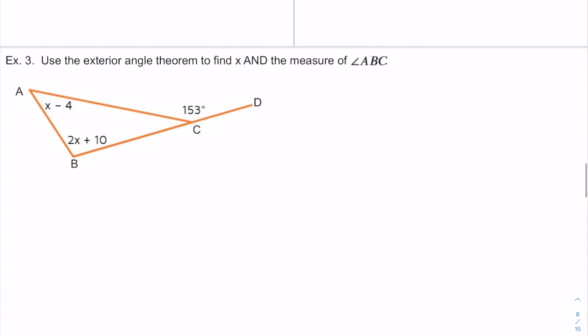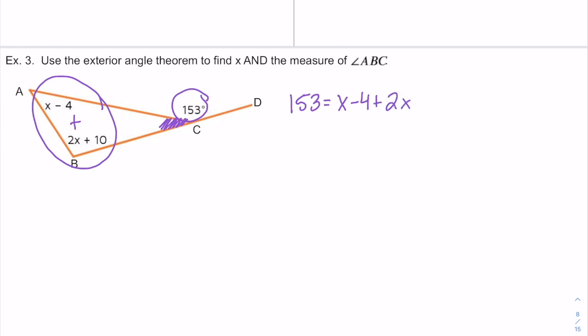So then we can look at problems like number 3, and though it looks more complicated, we use that same thought process. The exterior angle, in this case, the exterior angle is 153. It is equal to, not that angle next to it, so we're going to mark that out, the other two angles added together. So that would be x minus 4 plus 2x plus 10. We can simplify on the right side of that equation.